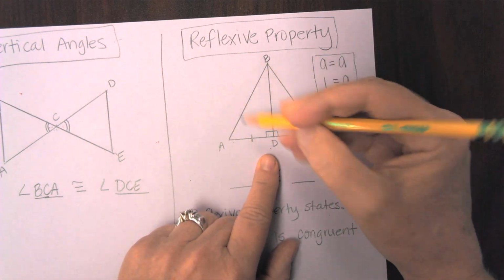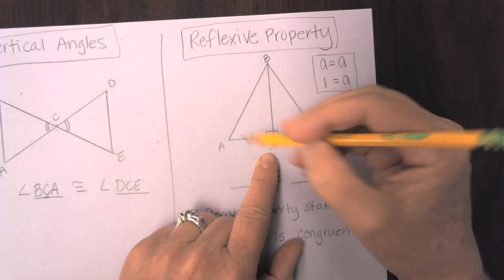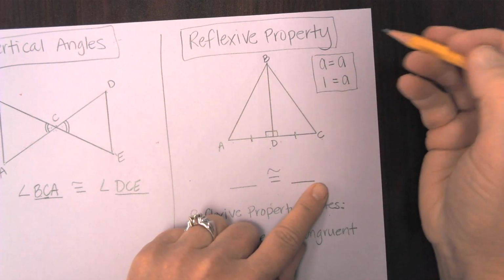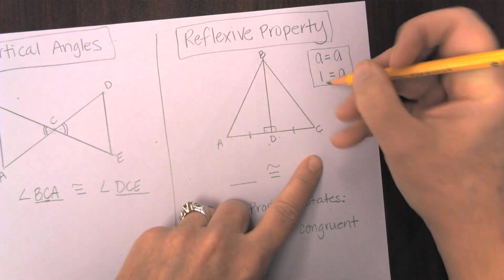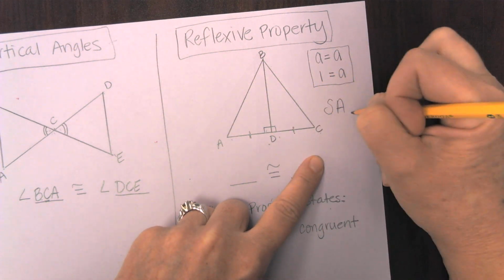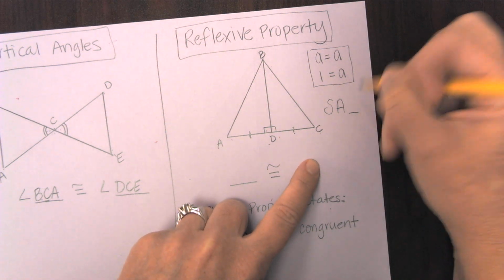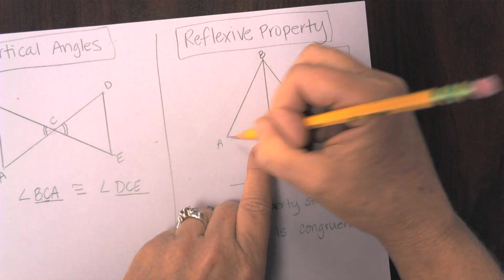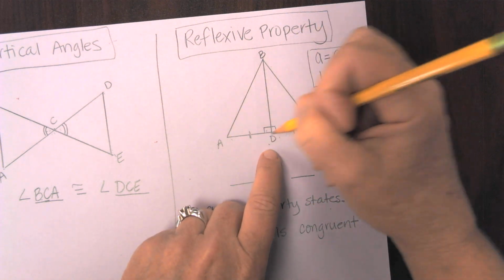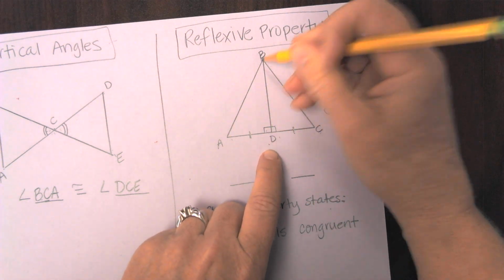I have to try to prove that these two triangles are congruent. I have a side and I have an angle. I need another side in order to prove that triangle ADB is congruent to CDB.